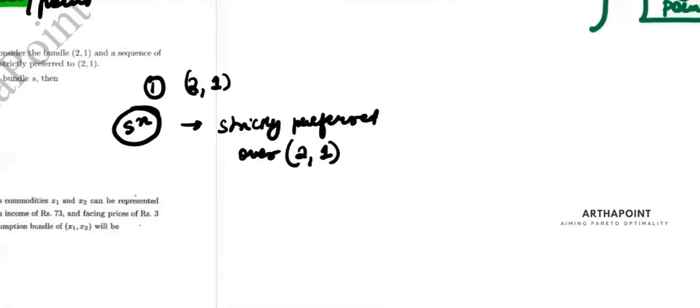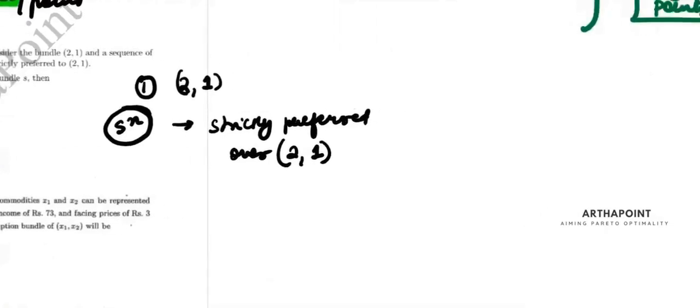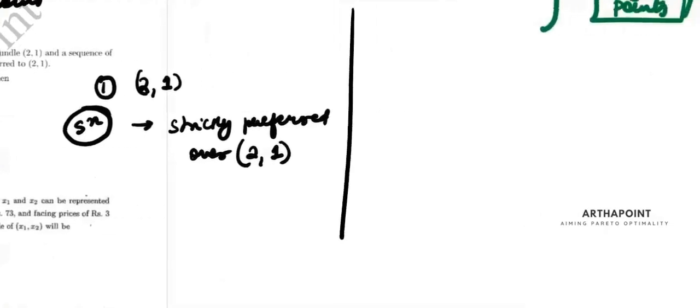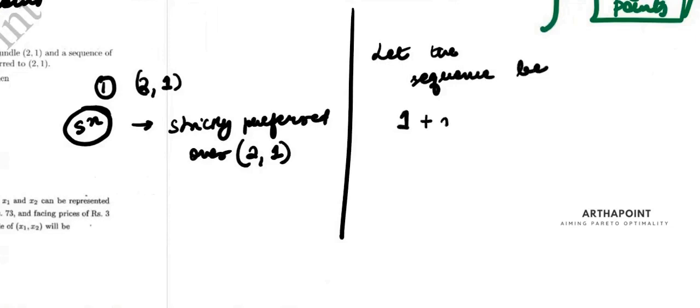So for example, you can say, let the sequence be (1 plus n, n) for n starting from 1 to infinity.